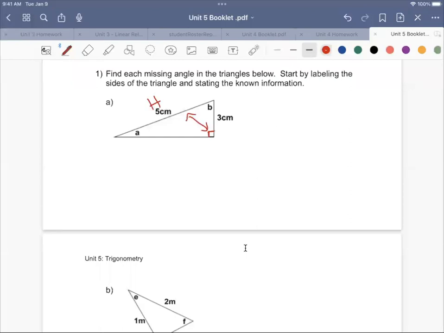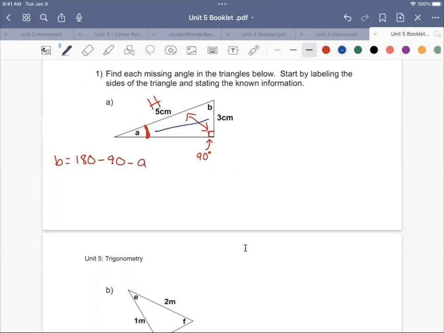But I know in this case that if I find either A or B, I can find the other one because this is equal to 90, and the internal sum is 180 minus 90 minus, in this case, we'll say that we're going to look for A. So this is what B would be equal to. You could do the reverse by solving for B. It does not matter. It just matters that you follow through appropriately. This is just how we will approach it for the lesson.